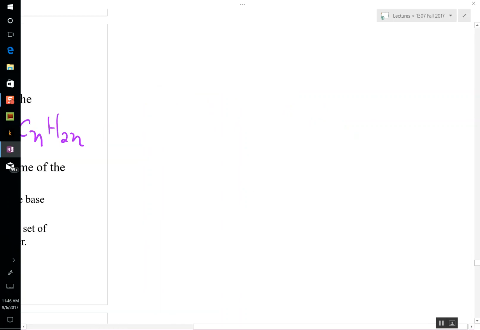If I drew the structural formula, you can see each carbon has 2 bonds to it right now. To finish it off, put the hydrogens outside the ring. Notice where they are here. They're outside the ring.